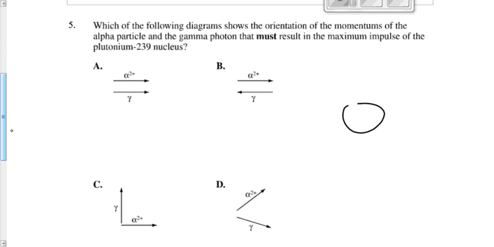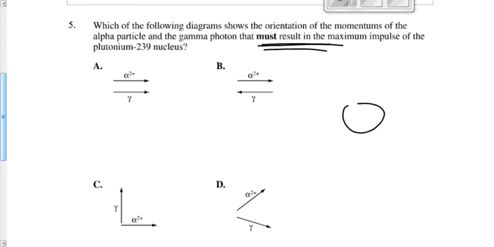Right now, the momentum of this plutonium-239 is 0. If we want to maximize the impulse, and that's what the question says, then we need to give it more momentum. It has 0 momentum. We need to give it lots of momentum. How are we going to give it lots of momentum? Maximize the amount of momentum we give it.